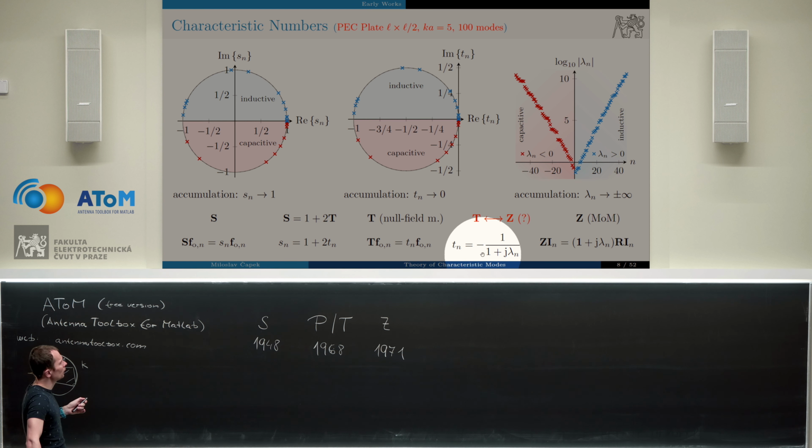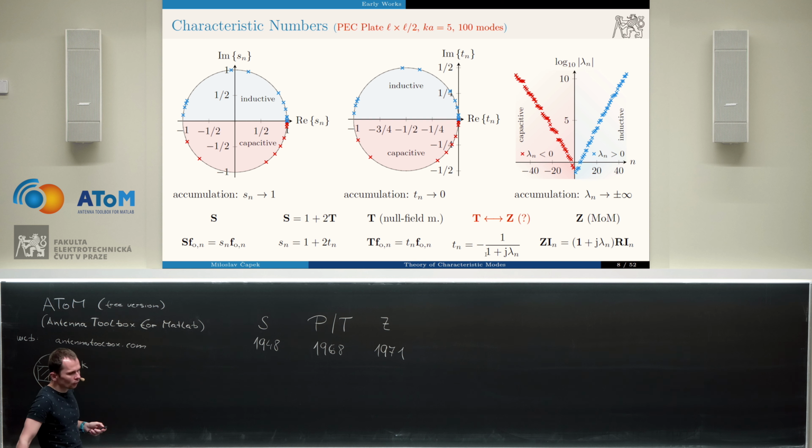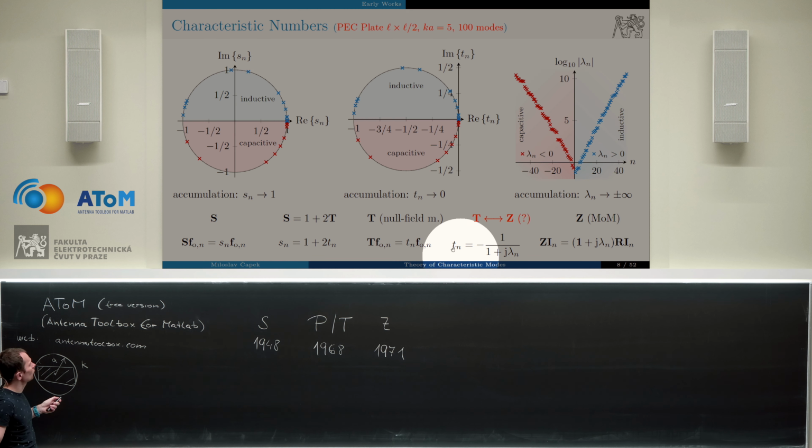The same is true for the link between Z and T. And this completes the link between Z and S as well. We can also easily go from the T matrix to the S matrix with this relation, but it is much more complicated to express, for example, the T matrix from the Z matrix. But it can be done, and I will show you during this talk how to do it.